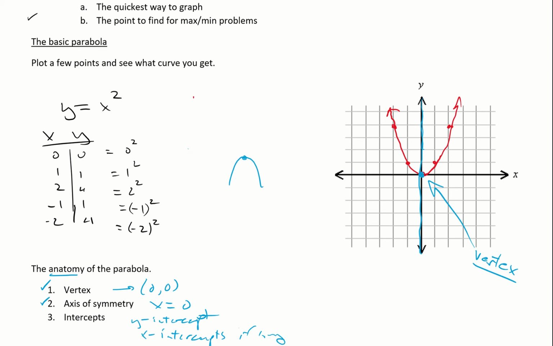Where does it run into the x-axis? Where does it run into the y-axis? Well, in both cases, it's the vertex. That's where it does it. So the y-intercept is (0, 0), and so is the x-intercept. So the basic guy, that's what it looks like. All right. So all parabolas have this kind of shape to them.